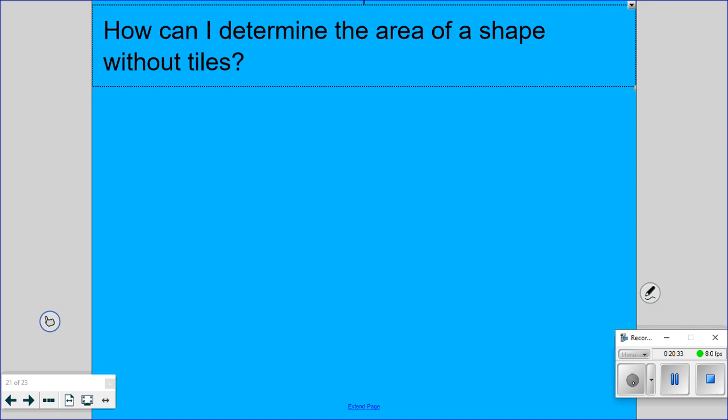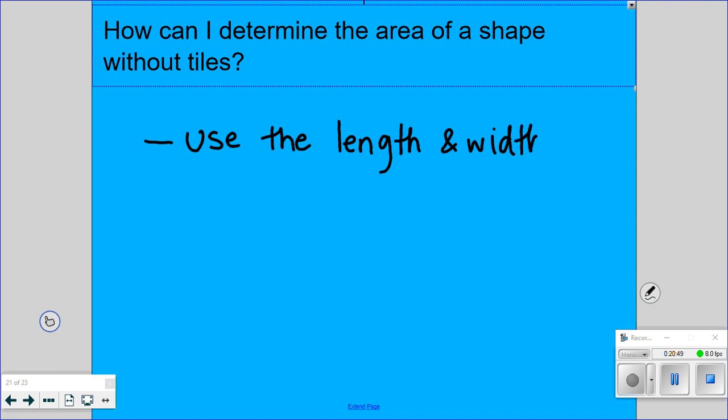We looked at the length and width of the shape, and then made that amount and then thought of that amount times the number of... We used the length and width to make a fast array. That's what we did.